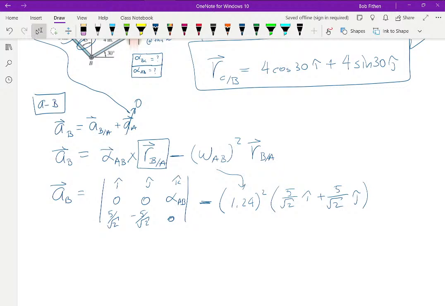Now, here in this particular component, I'm going to get an i and a j component, but no k.